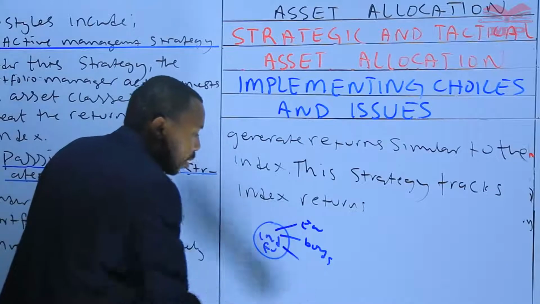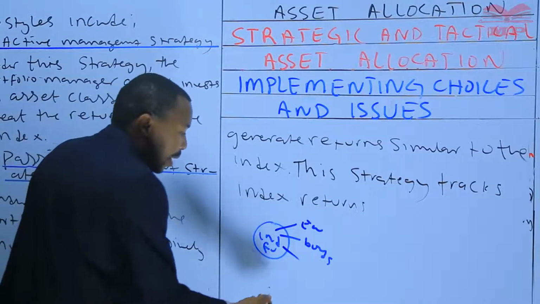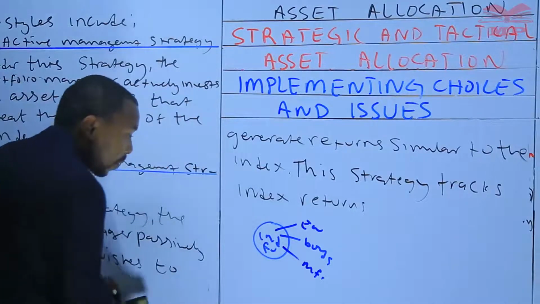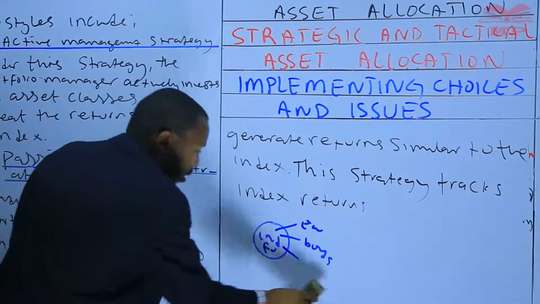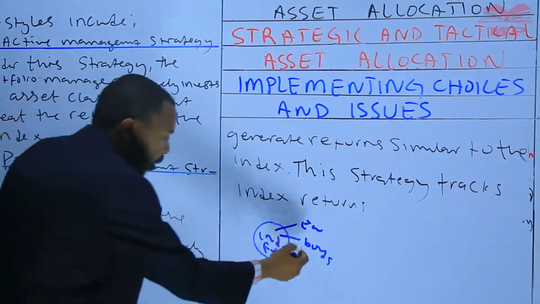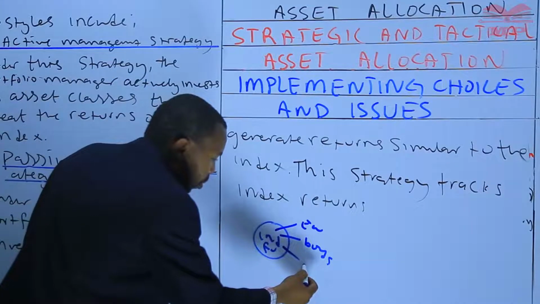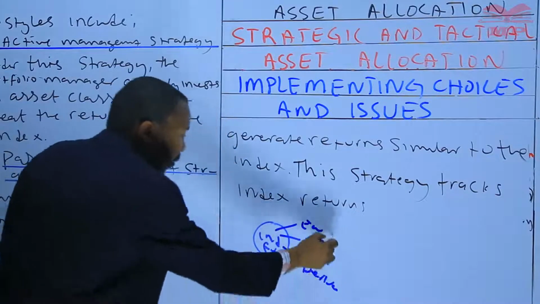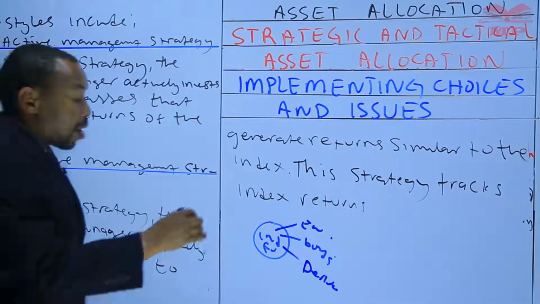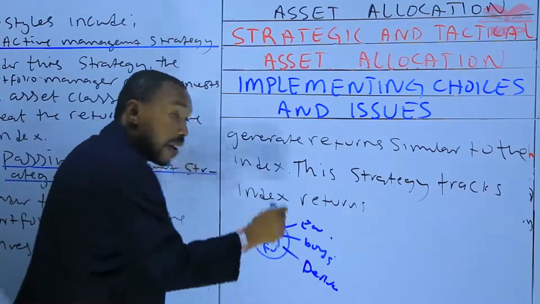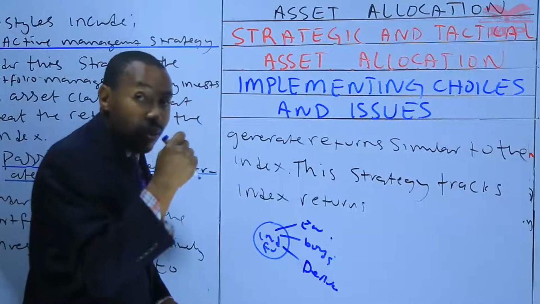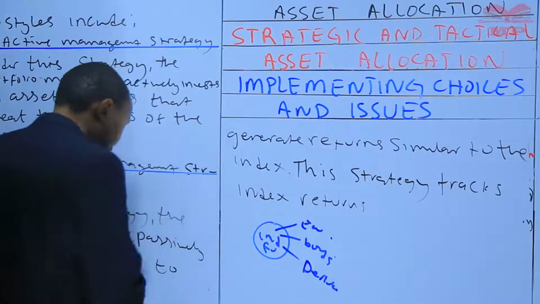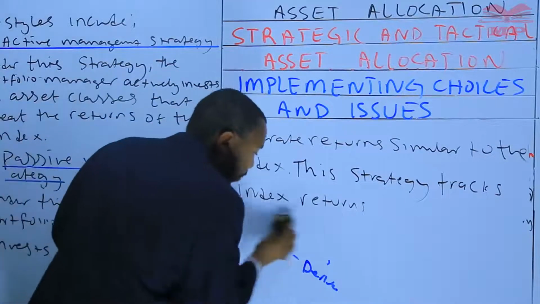And maybe it is also invested in other asset classes, maybe derivatives. But we are only investing in derivative indices that are actually exposed to derivatives, bonds, and equities. That's what we're actually saying.